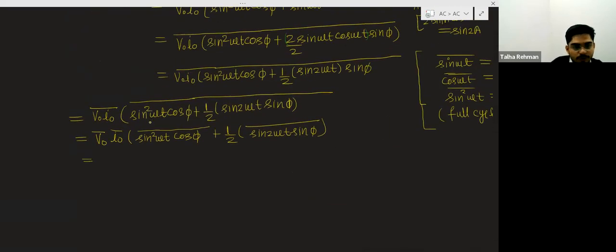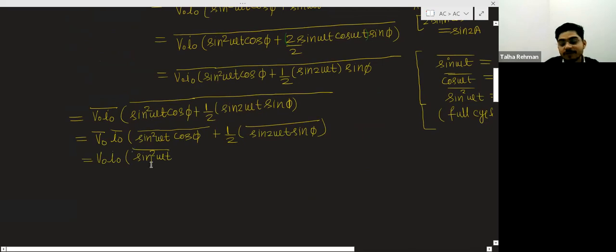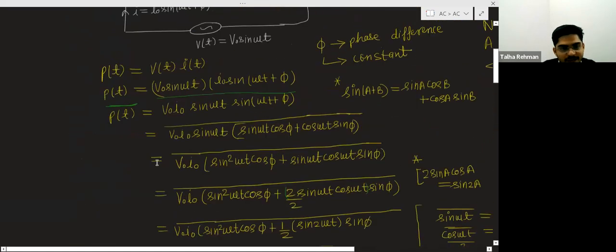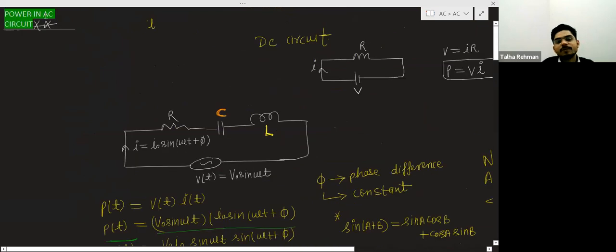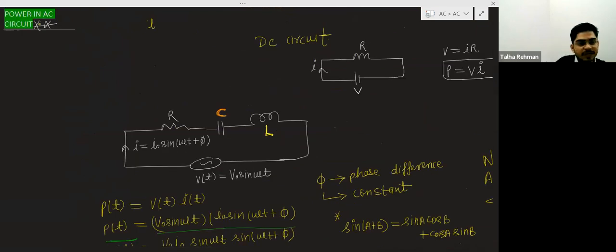So average of V naught will be V naught, average of I naught will be I naught. Here the bar will be distributed to sine square omega t. What is the meaning of this? Average of sine square omega t for full cycle. Basically, we are calculating the power in AC circuit for full cycle.